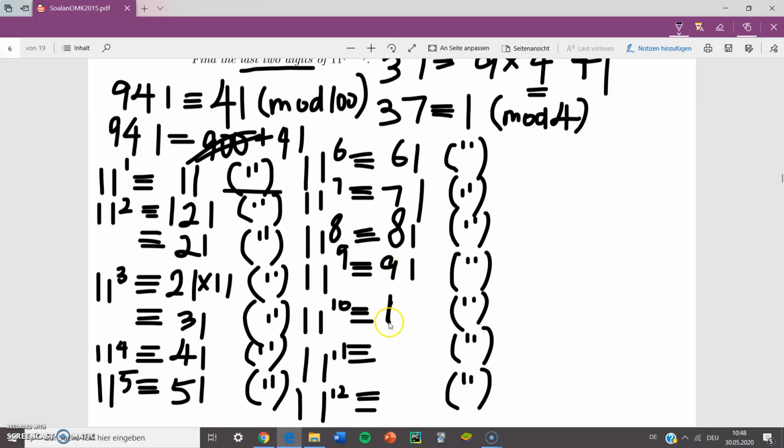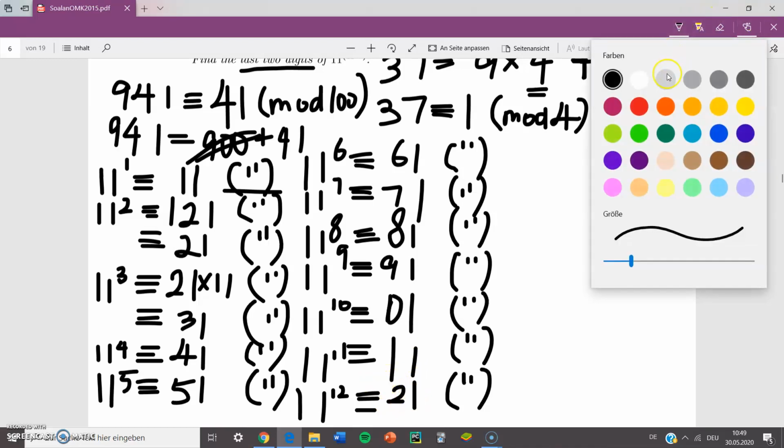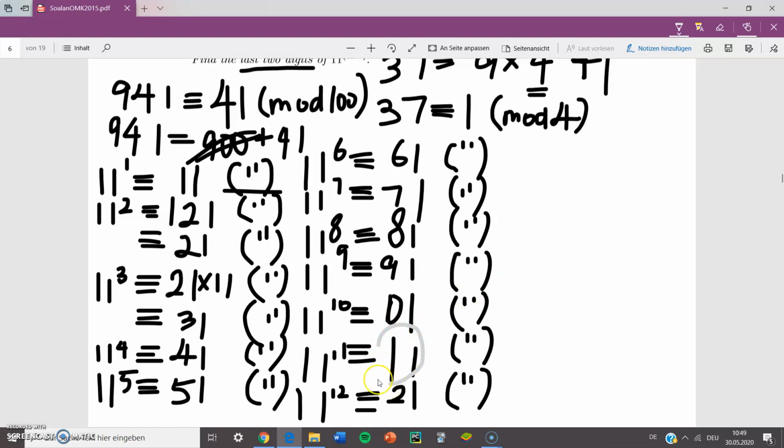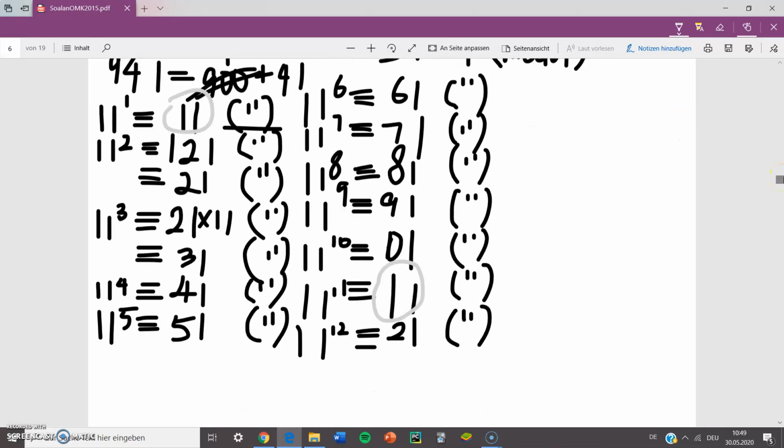Up to here we can see it's already 0, 1, and then see what comes next. Wait, this is something very special. We have 11 here, but at the first place we have another 11 also, which means we have already found our recurring sequence.